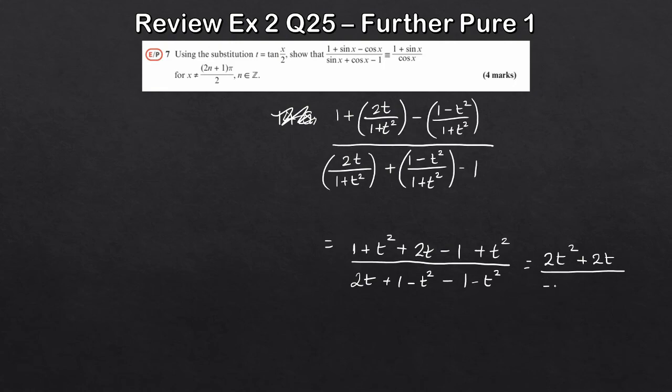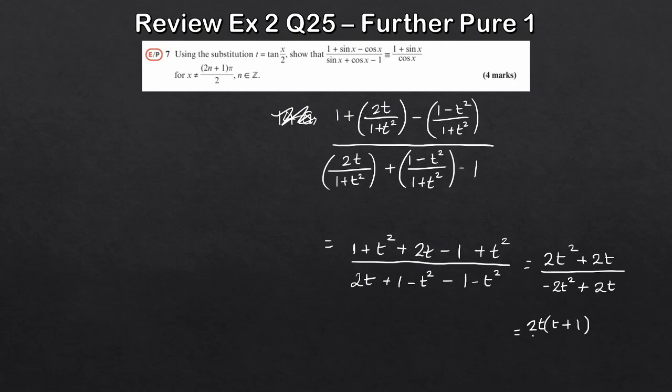So what we get here is minus 2t squared, the 1's cancel, and I just get left with plus 2t here. This is looking good so far. What I'm going to do now is factorise my numerator and my denominator. In the numerator, 2t squared, I can take a 2t out at the front, so that's going to be t plus 1.